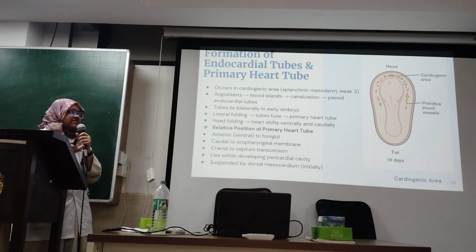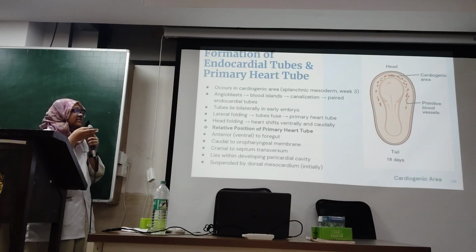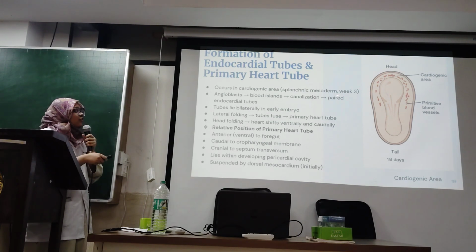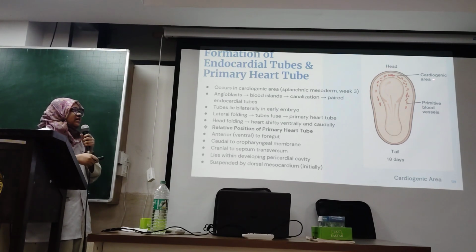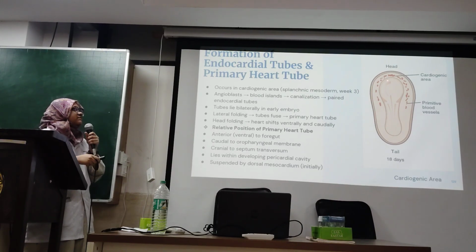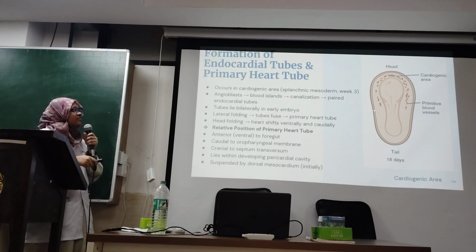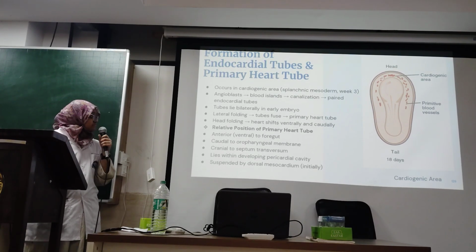These cardiogenic cells will travel through the primitive streak and then migrate to the cranial part of the splanchnopleuric mesoderm, where they'll form a horseshoe-shaped cardiogenic area. Here in the cardiogenic area, as discussed, they will form vessels, which is vasculogenesis. Two bilateral vessels will be formed, which are called the endocardial tubes. These endocardial tubes will later fuse in the cranial part and form a horseshoe-like structure.